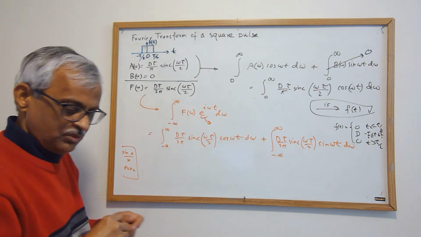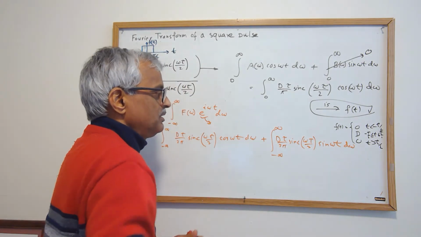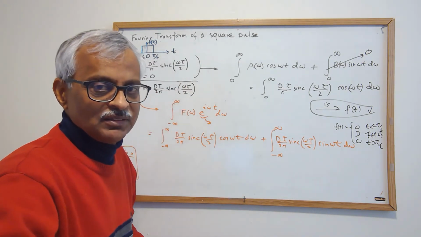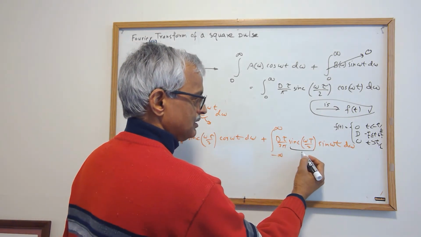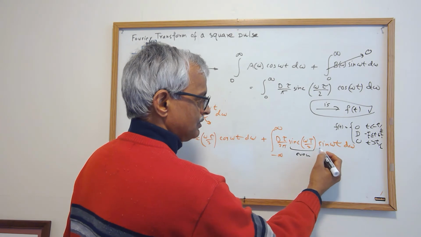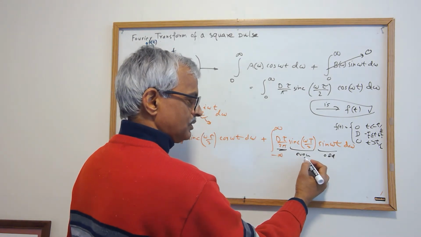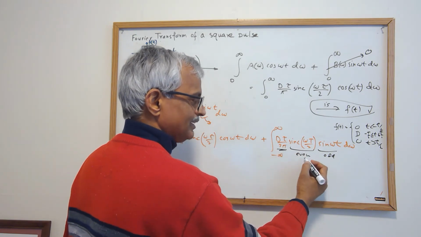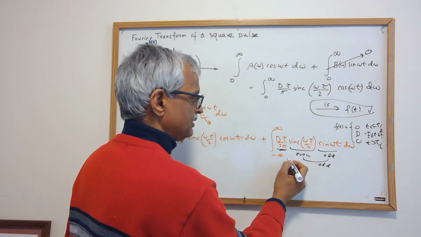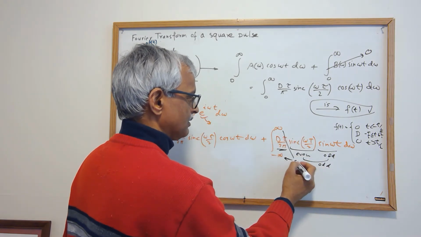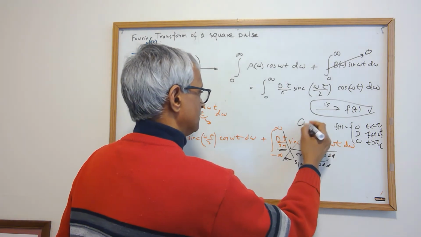Now notice that the sine part will be 0, right? This will be 0 because the sinc is even and the sine is odd, and this doesn't matter, it's constant. So of course it's even because it's constant, and together the product is odd, but the range is symmetric. That means this will be equal to 0.